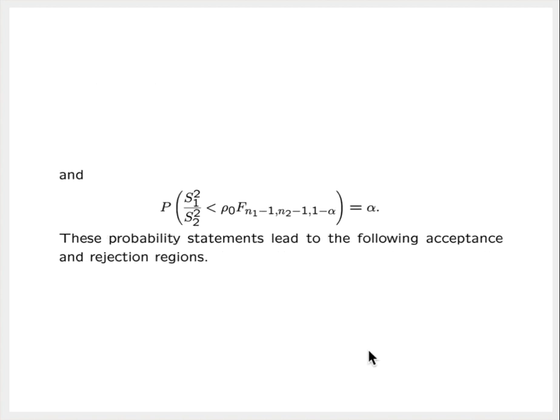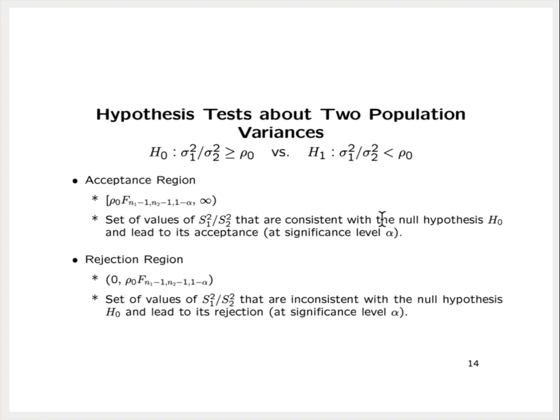And so by the complement rule, the probability that the ratio of the sample variances is less than that value is alpha. And so these probability statements lead to the following acceptance and rejection regions.